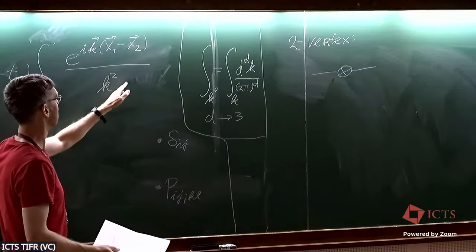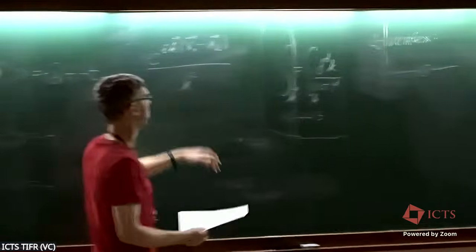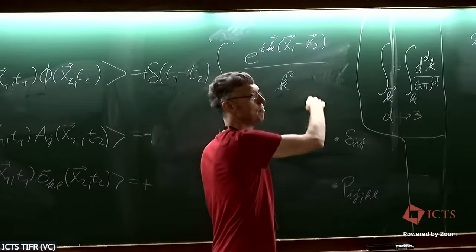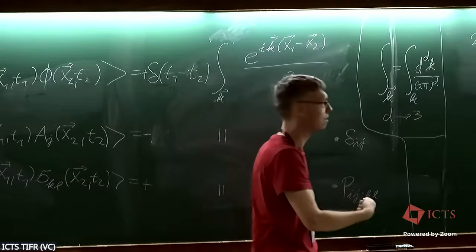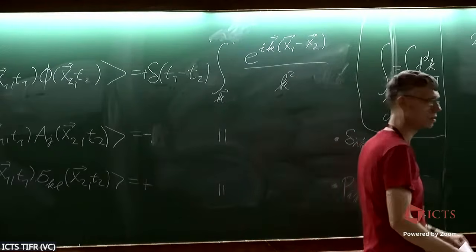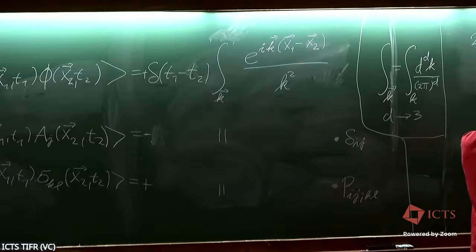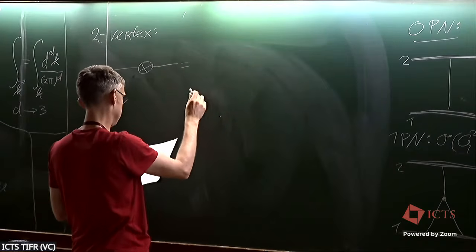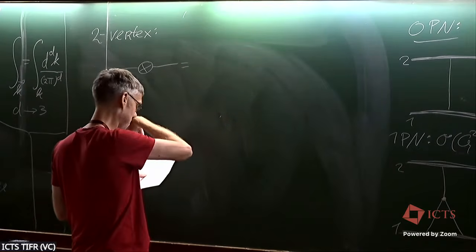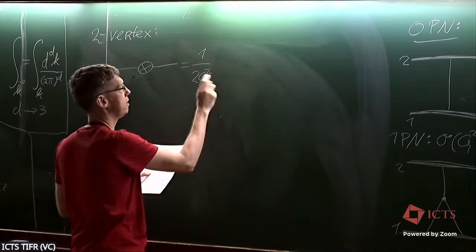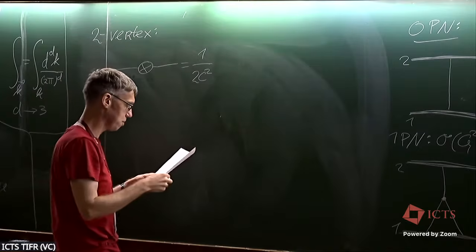Then you would get like a plus or like a minus 1 over c square k naught term over here, but we want to expand in 1 over c square, right? So it's kind of a piece of a propagator that's expanded out. And you can do this by writing down explicitly two vertex for it. So if we just copy what's in the action, it's 1 over 2 c square.